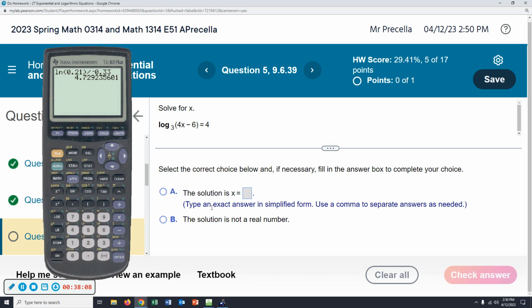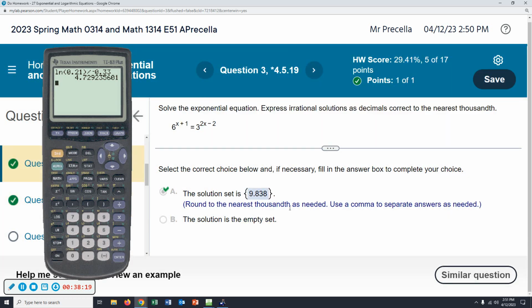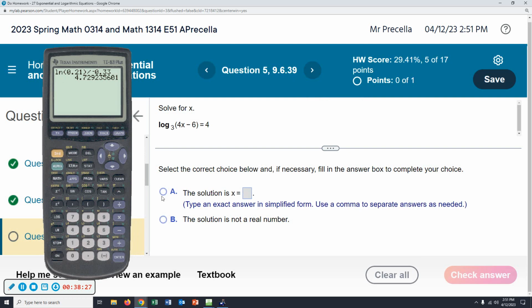They all say to round to 4 decimal places, or look at number 3, round to the nearest thousandth. So if it's rounding, they have to tell you where to round. And the fact here on number 5, they're not telling you how to round this. So, in that event, the answer should be exact. You should not have to round.